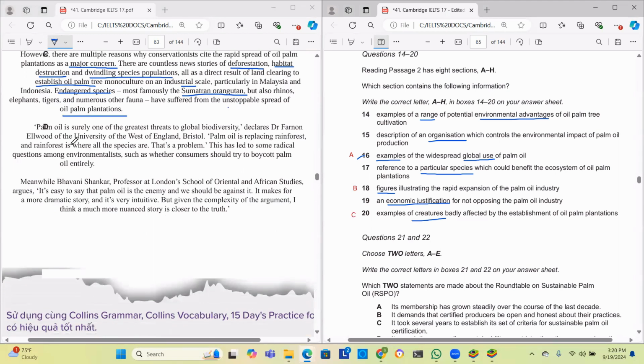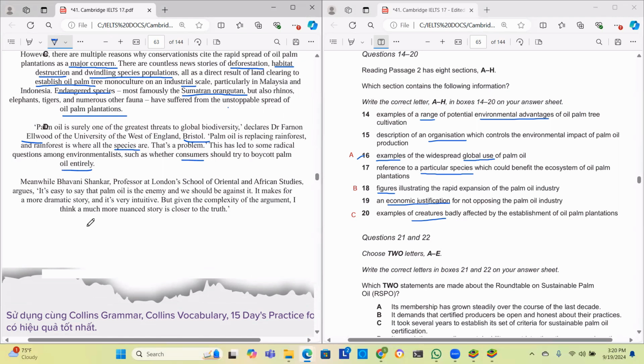So palm oil is surely one of the greatest threats to global diversity, declares Dr. Fernon Elwood of the University of West of England, Bristol. Palm oil is replacing rainforest, and rainforest is where all the species are. That's a problem. This has led to some radical questions among environmentalists, such as whether consumers should try to boycott the palm oil entirely.